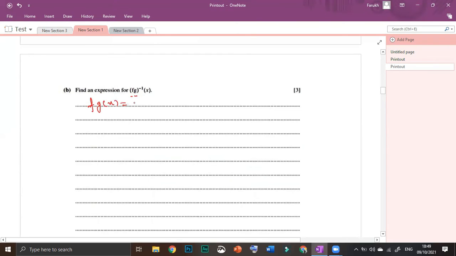fg of x is equal to 1 over 2x plus 1 whole square minus 1.